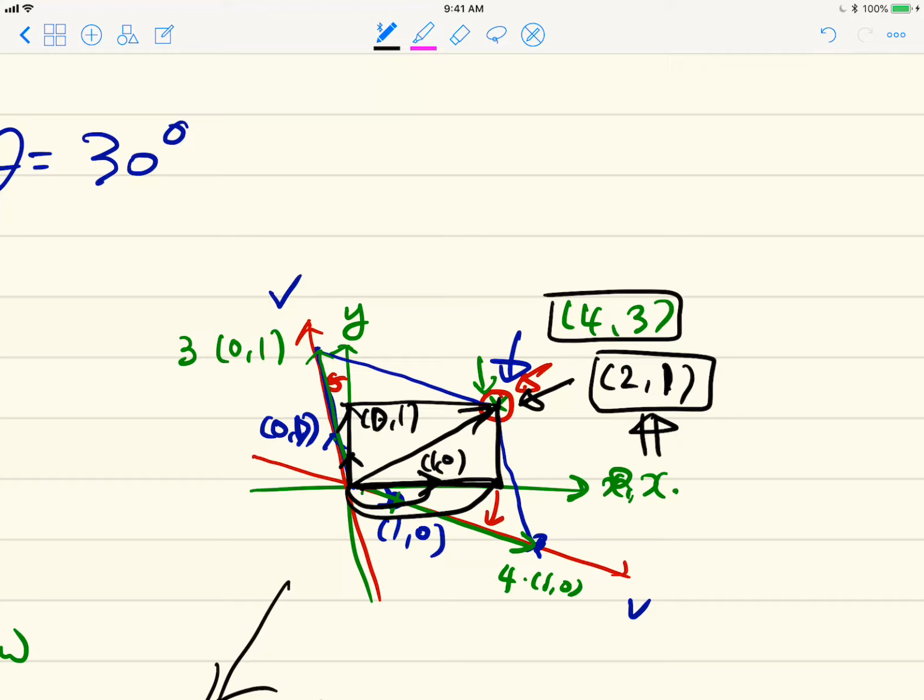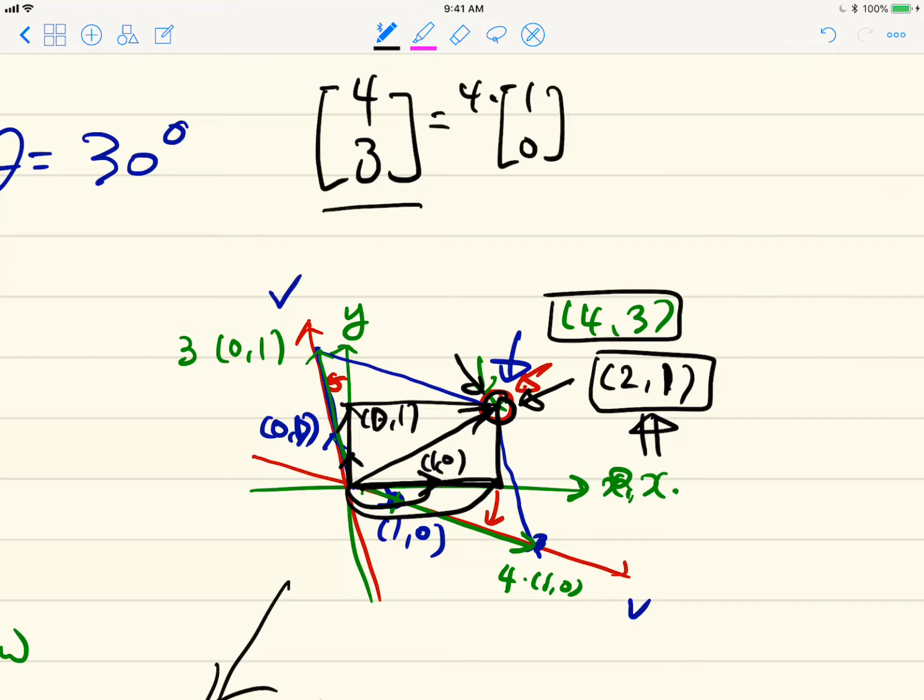So let's think of this problem in more detail. I'm going to give you just a single vector. Suppose the original point of this is 4, 3, which is represented as 4 times 1, 0 and 3 times 0, 1, right?